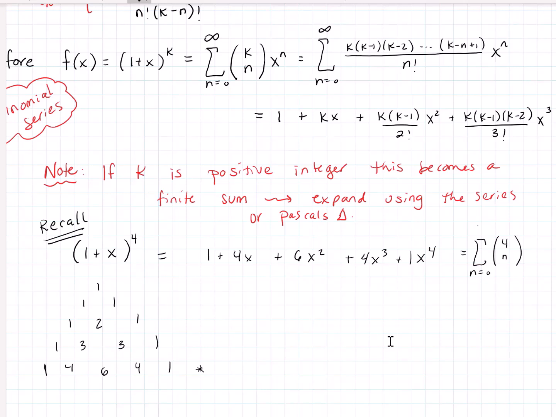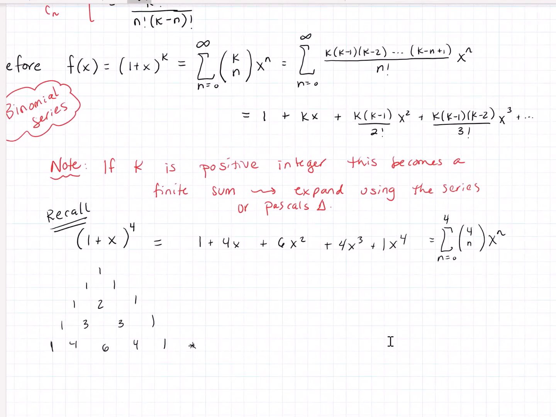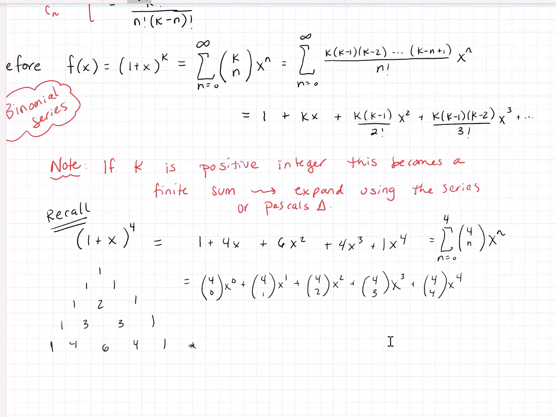That's the same as taking 4 choose 0 times x to the 0, 4 choose 1 times x to the 1st, 4 choose 2 times x squared, 4 choose 3 times x cubed, and 4 choose 4 times x to the 4th. The rest of the terms would zero out in this particular power series expansion, but this ends up giving us those exact same coefficients.